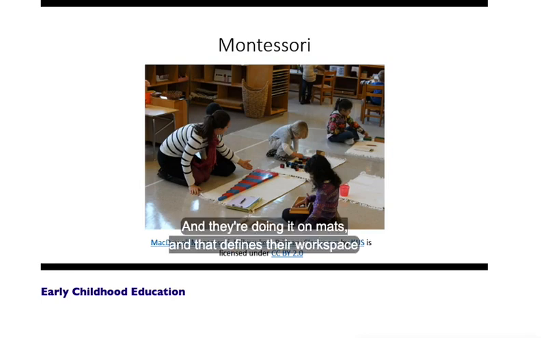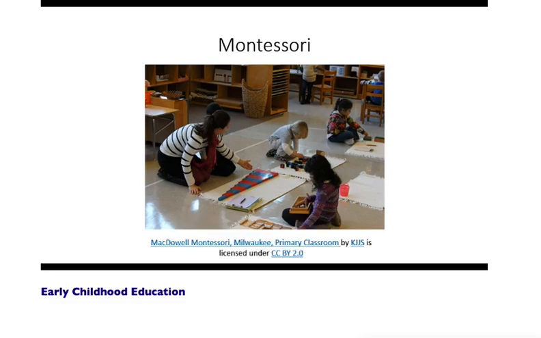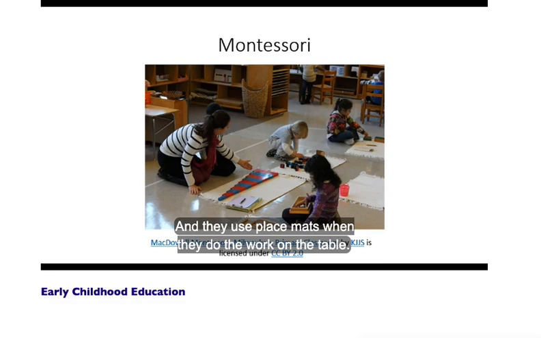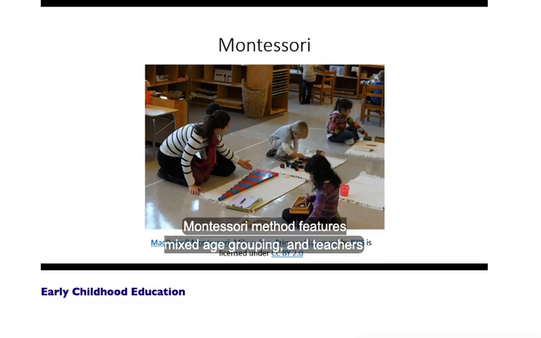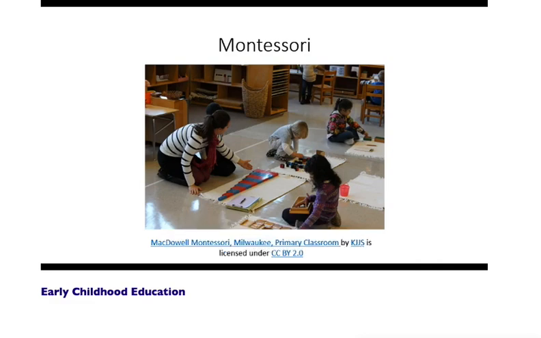And they're doing it on mats, and that defines their workspace. And so that is their protected workspace, and they use placemats when they do the work on the table. The Montessori method features mixed age grouping, and teachers in a true Montessori program would be certified.